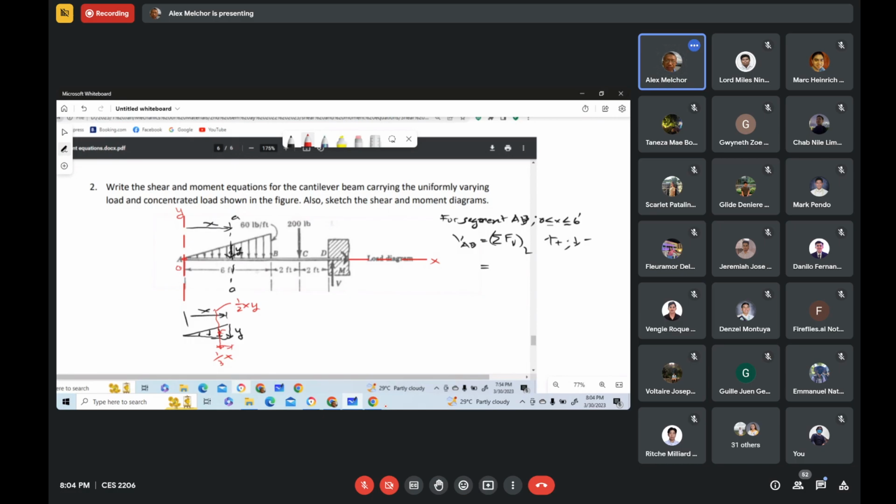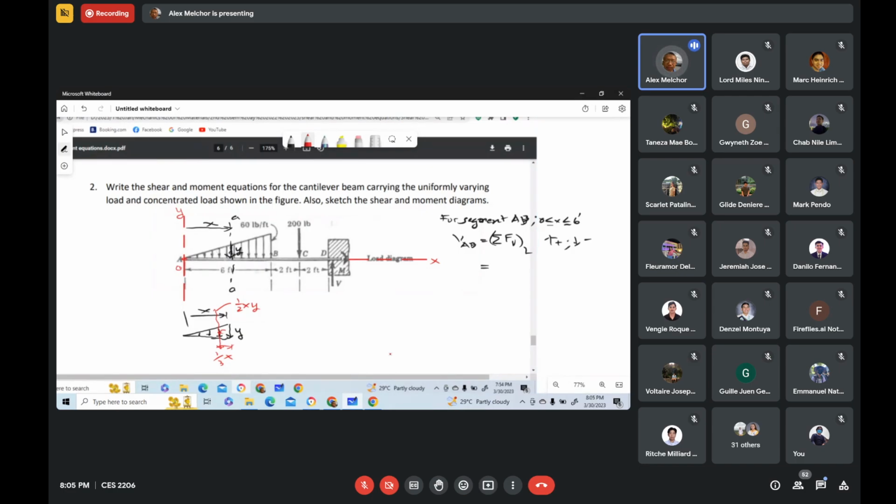So we need to express y in terms of x. How do you express y in terms of x? We use the small triangle and the big triangle.